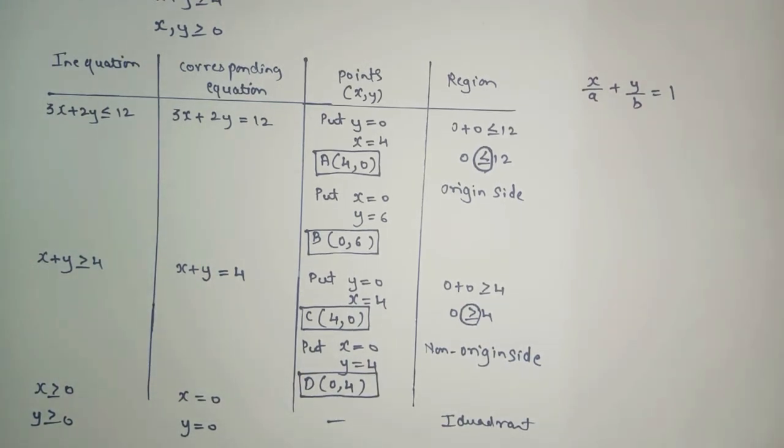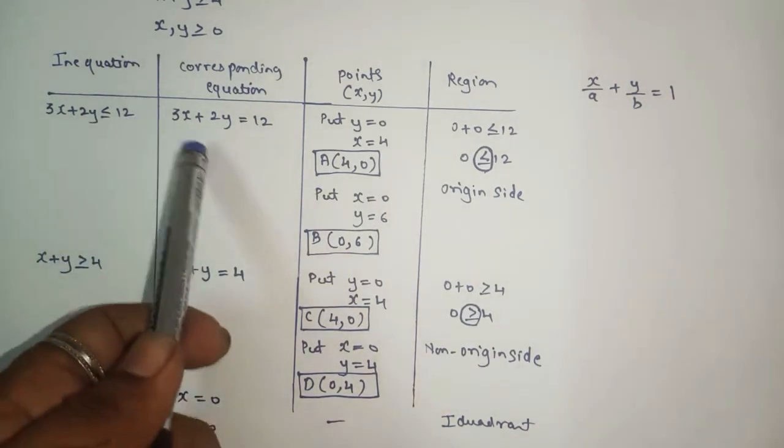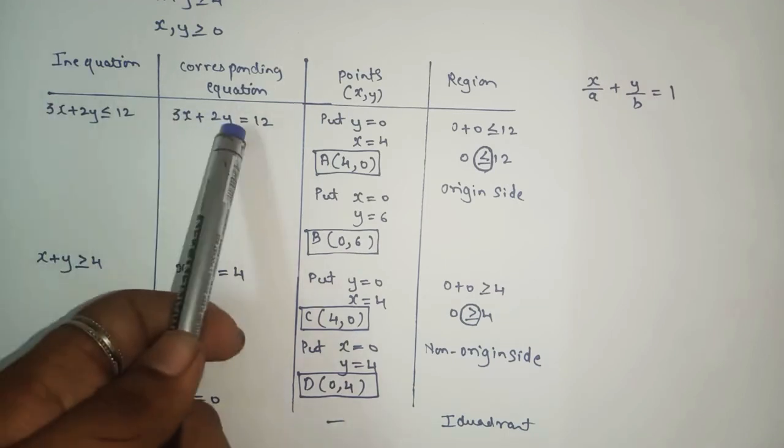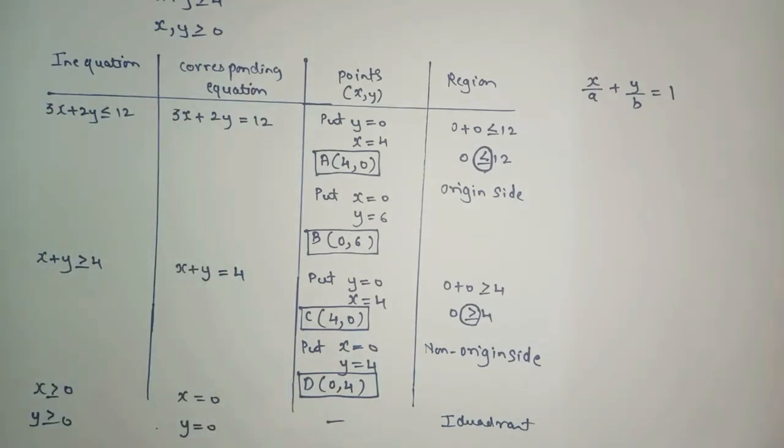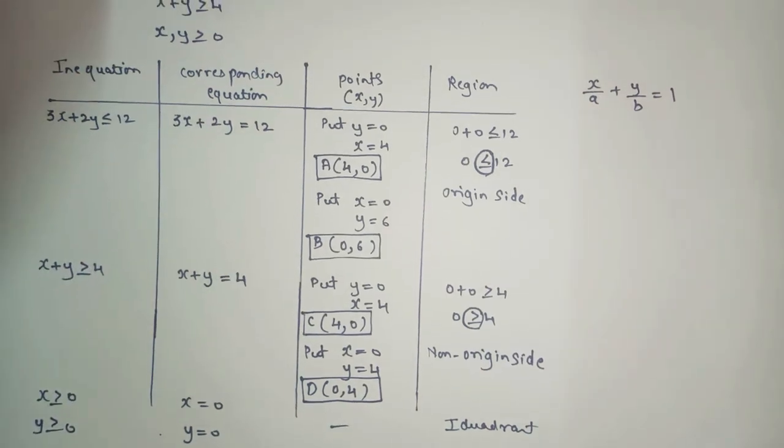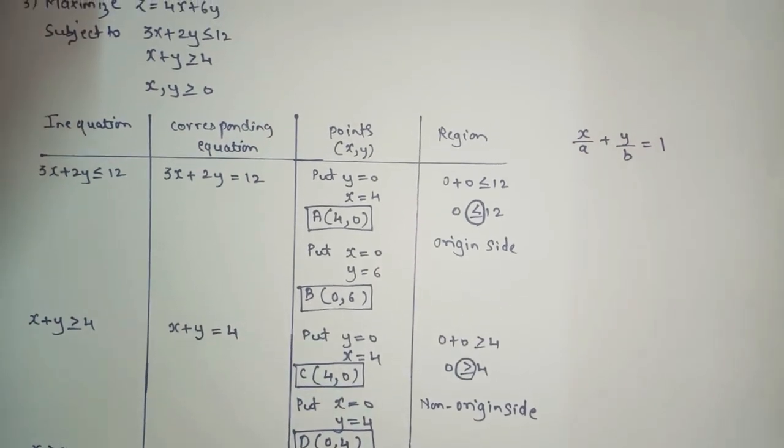Now we'll draw a graph and plot the points on the graph, and then we'll join the lines of these two linear equations, not linear inequations, linear equations, and then we'll check where the feasible region lies.